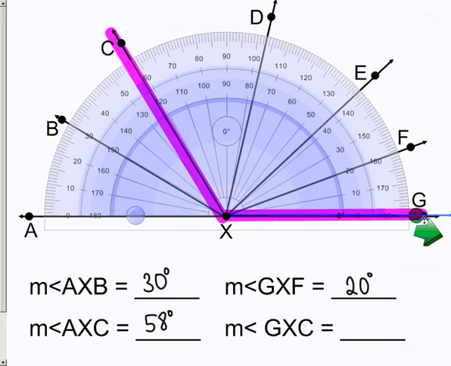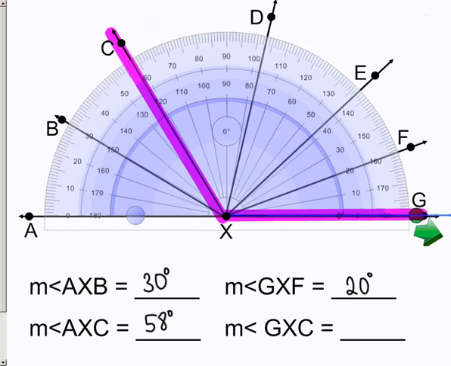We're going to line up this ray XG of the angle with the bottom of the protractor, making sure it's right at 0, which also means that since it's opening up here, we're going to start at 0. We're going to use the inside numbers for starting at 0, and we're going to watch this angle build up bigger and bigger and bigger. In fact, it's going to pass 90 degrees, and now we see it's more than 120. It looks like 122 degrees.